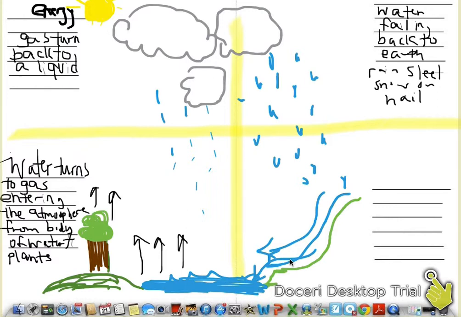And then your last bottom right box is showing what? Water rolling on the ground back to what? Back to bodies of water.